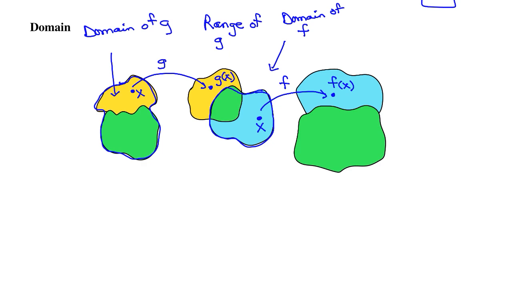Now, in order for composition to work, there needs to be a little bit of overlapping going on so that things can flow through from the very left side to the very right side. Let's go ahead and mark this as the range of f for completion. All right, so now I'm going to take this x value from the green section.